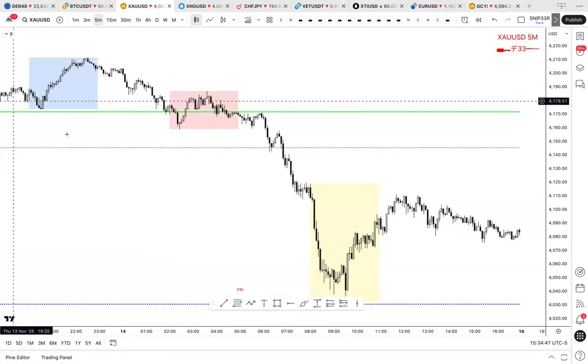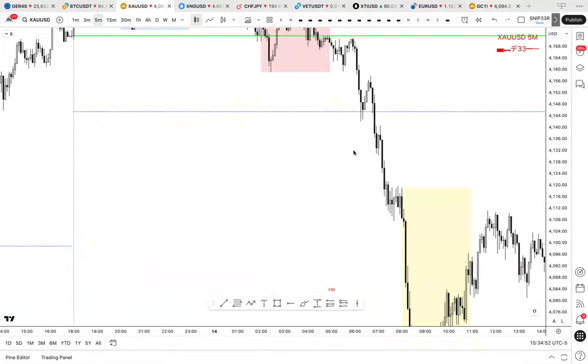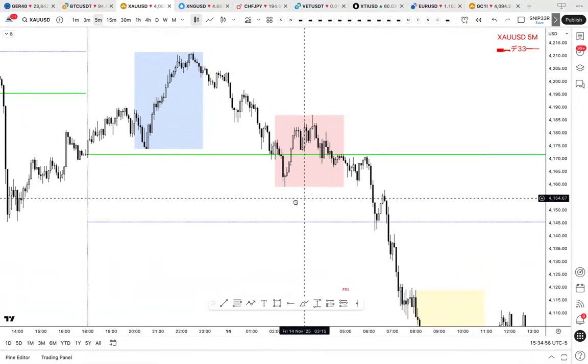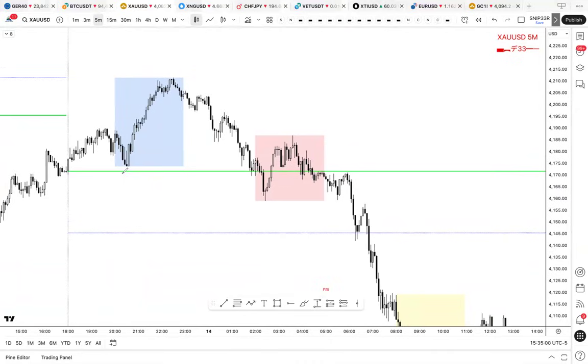So if we just look here, oh, there was no pump coil dump. Oh, it didn't give me the textbook 3 session template. It doesn't matter. They pump, they consolidate, go sideways. Again, it doesn't have to be perfect. It can be a descending consolidation, be a sideways consolidation, and they dump.